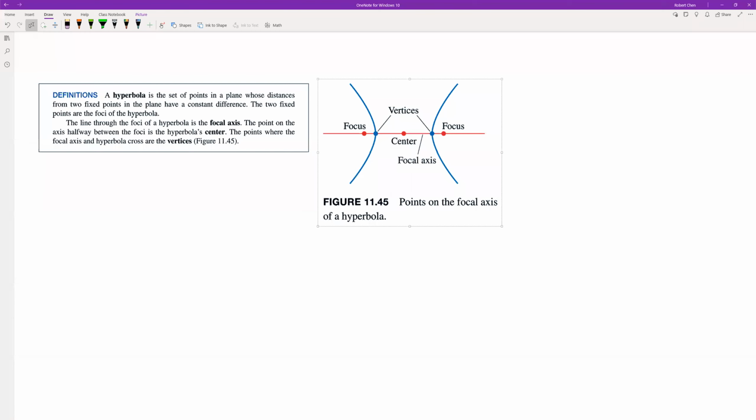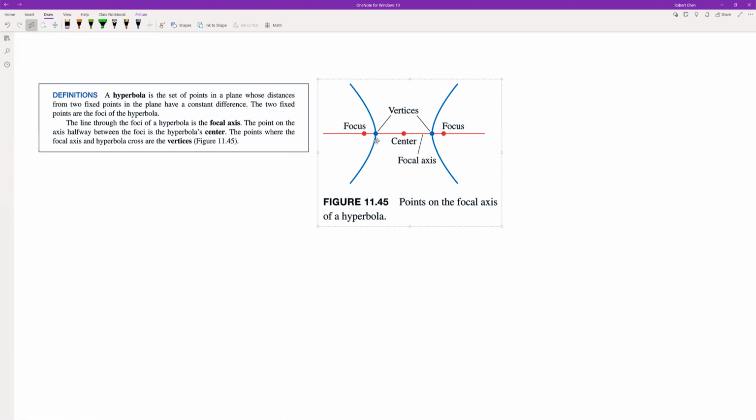All right, the next conic section we're going to look at is the hyperbola. Let's look at the definition. A hyperbola is the set of points in the plane whose distances from two fixed points in the plane have a constant difference. The two fixed points are the foci of the hyperbola, very similar to an ellipse, where we have two focus points.